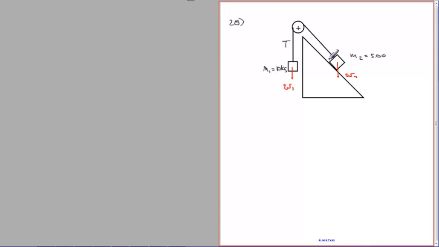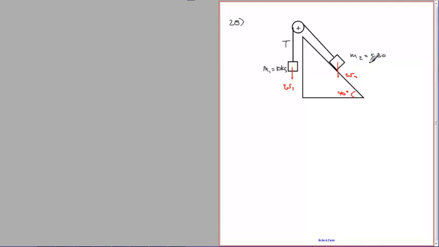Okay, so we have 2 packing crates of mass 10 kilograms and 5 kilograms connected by a light string, which means it has no mass, that passes over a frictionless pulley, which means this tension is going to be the same. The 5 kilogram crate lies on a smooth incline, smooth means no friction, of 40 degrees. So this is 40 degrees.